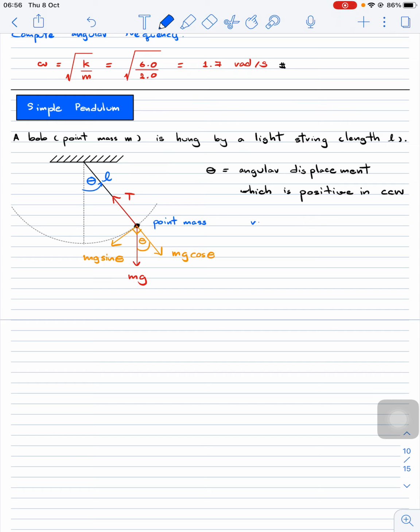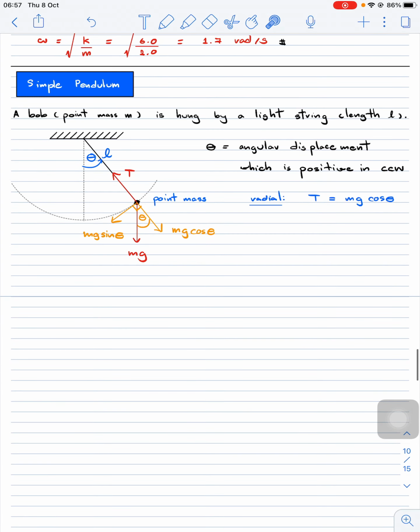So if we consider the radial component, we get that the tension T equals mg times cosine theta. So we can find the tension of the string using this equation.